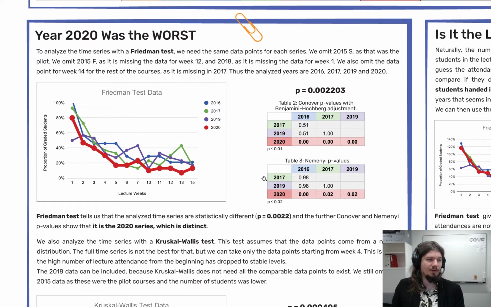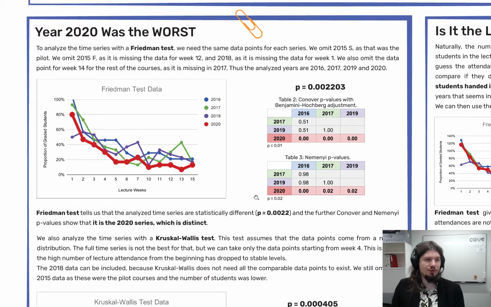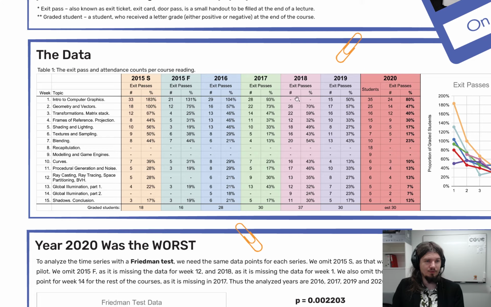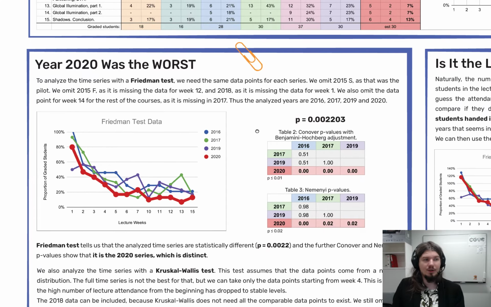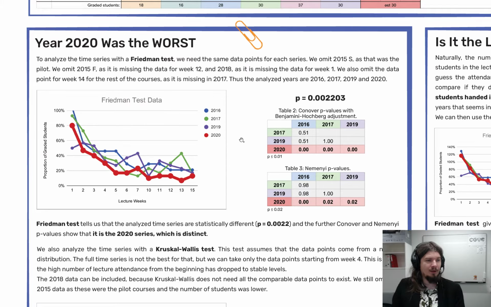We did a Friedman test, which assumes that we have a matrix of data with no holes in it. And for that reason, we used the data from 2016, 17, 19, and 2020 because 18 was missing some data, and 15 was kind of these pilot courses which we thought wouldn't be that good to include.